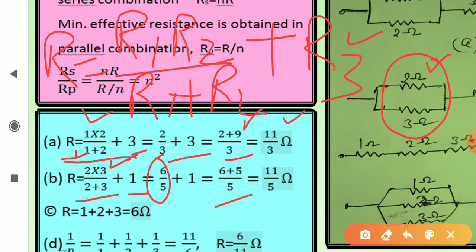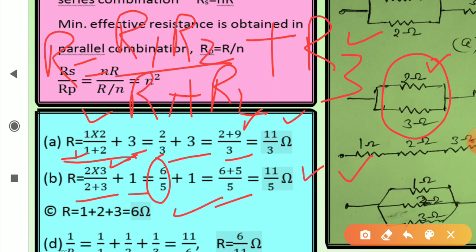So you get 6 plus 5 upon 5, 11 upon 5 ohm directly. यहाँ देखो हमने एडिशन रेसिप्रोकल वो सारा नहीं किया है, डायरेक्टली इसको कर दिया है. फॉर द थर्ड केस they are in series, so 1 plus 2 plus 3 is 6 ohm directly.